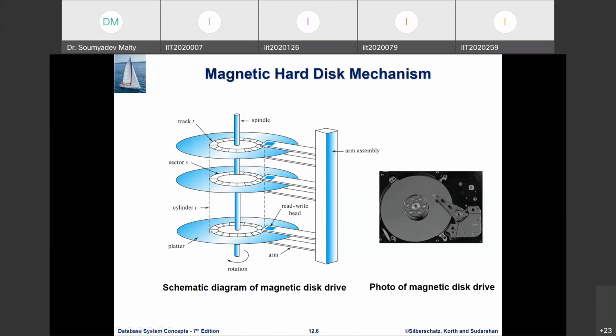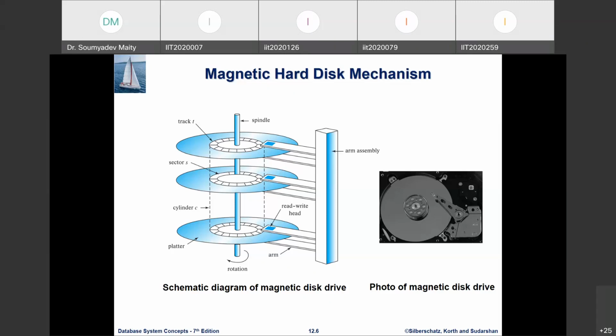Now, if you look at any one surface of a platter, you can see these concentric circles known as tracks. For example, this one is a track. Similarly, there are multiple such concentric tracks on a specific side of a platter. Each track is divided into smaller units called sectors.